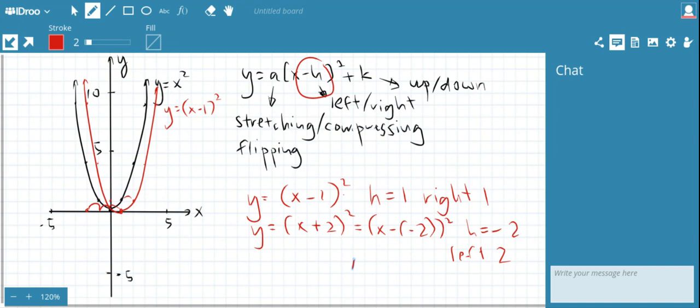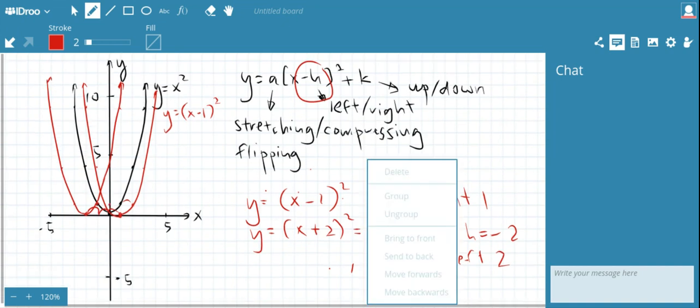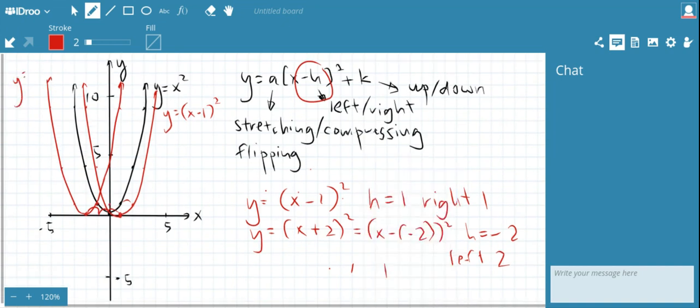I'm just taking all these points and moving them to the left by 2, from the original, from the black line. Then I would connect the dots in a curvy and attractive manner if I could figure out which ones were which. This is why it's good to work with different colors. So x plus 2 squared. That's moving left and right.